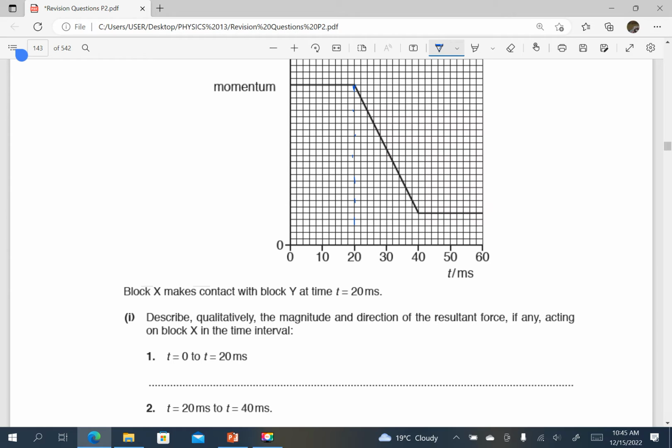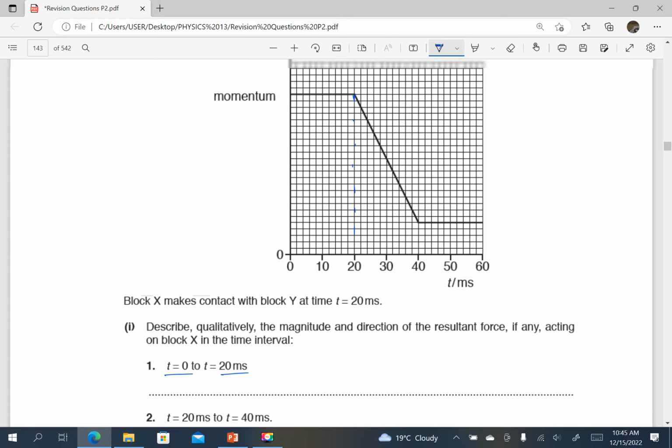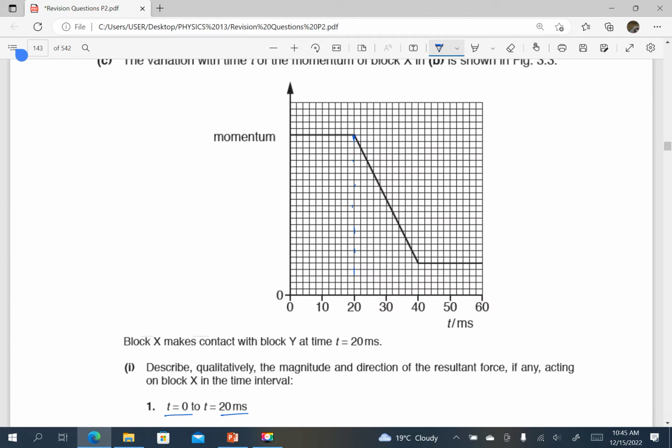Describe qualitatively the magnitude and direction of the resultant force, if any, acting on block X in a time interval t equals 0 to t equals 20 milliseconds. Between t equals 0 and t equals 20 milliseconds, each of us should be able to see that momentum is constant, but force is equal to the rate of change of momentum.